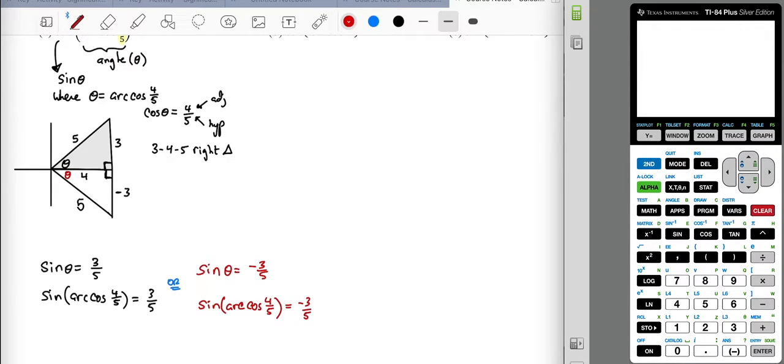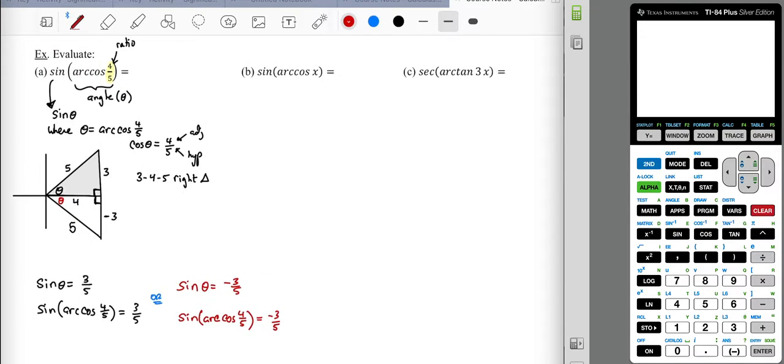Now, thinking back, we have to make sure that we're mindful of the domain and range. The arc cosine function only exists, or cosine of x is only going to exist between 0 and pi.